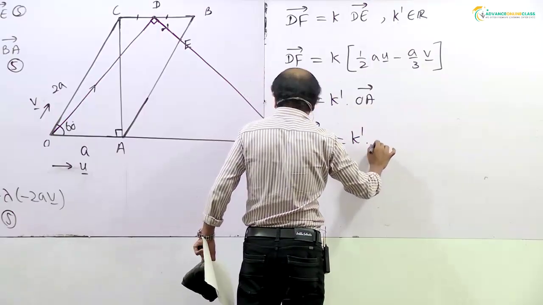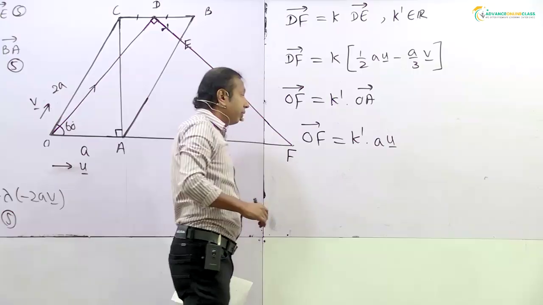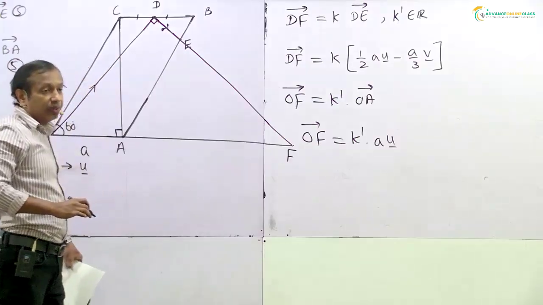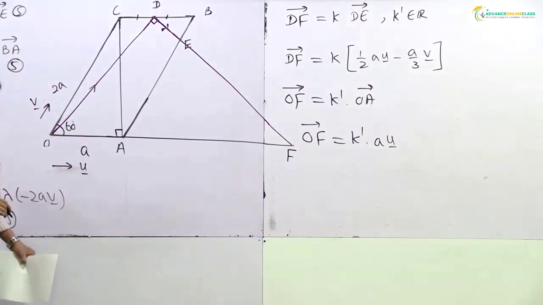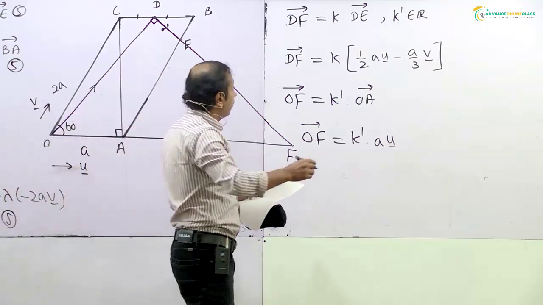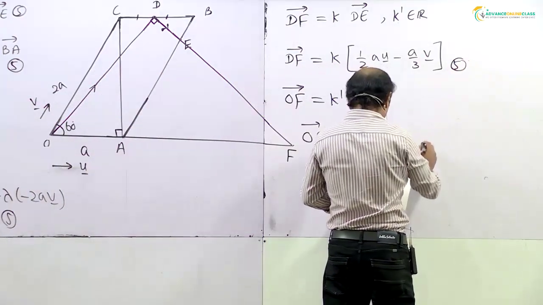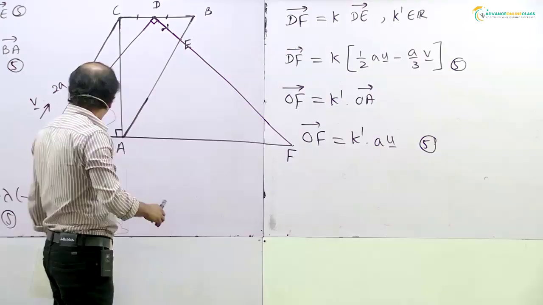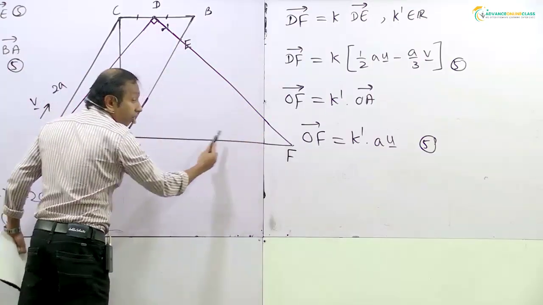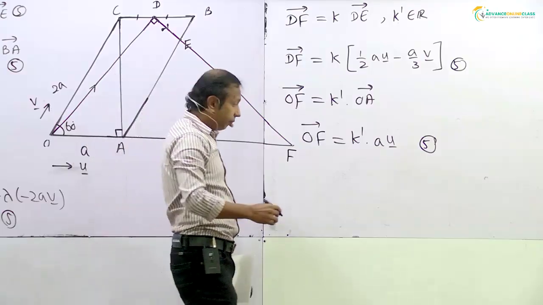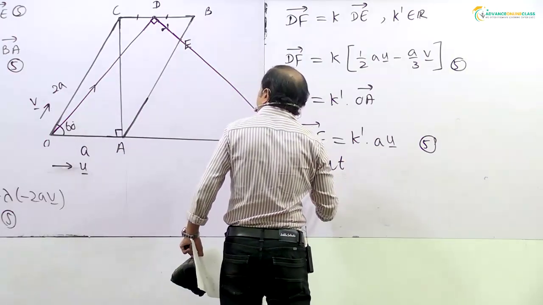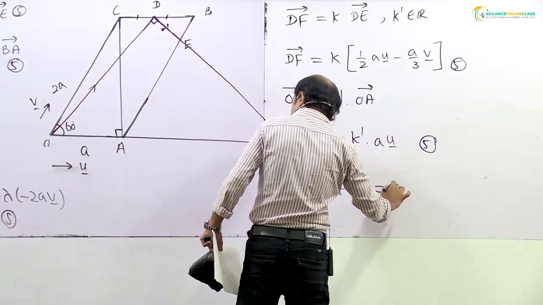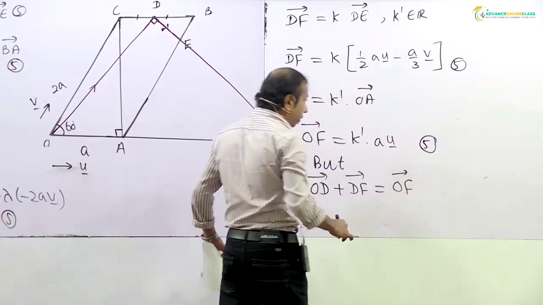K dash times AU. Right. We need to find this OF. If we know this K dash, then we can find OF. Now our purpose is to find K dash. Right, so here 5 marks are given, and here another 5 marks. To find this K dash, we can use this one: OD plus DF is equal to OF.